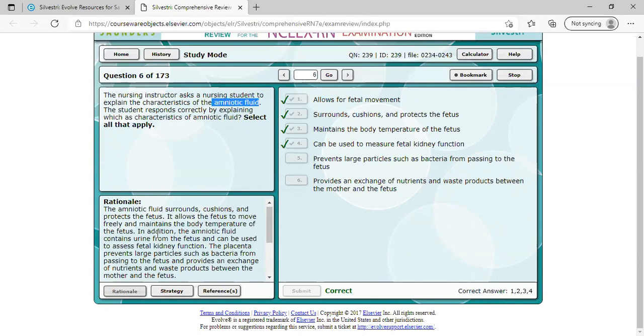In addition, the amniotic fluid contains urine from the fetus and can be used to assess the fetal kidney function if needed. The placenta prevents large particles such as bacteria from passing to the fetus and provides exchange of nutrients and waste product between mother and fetus. Let me go to the next question.